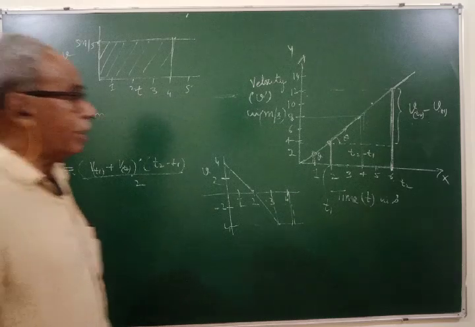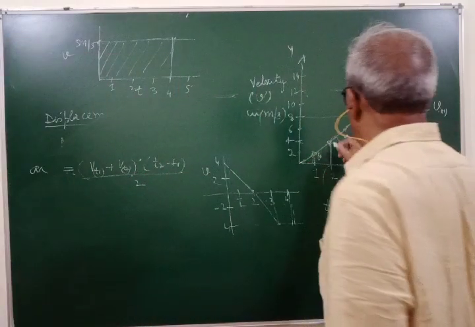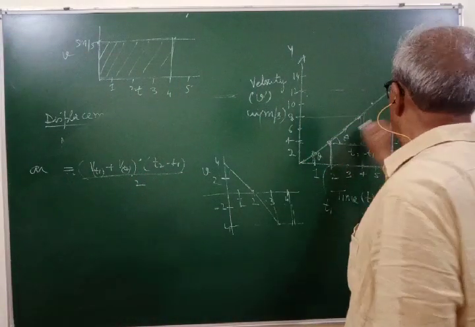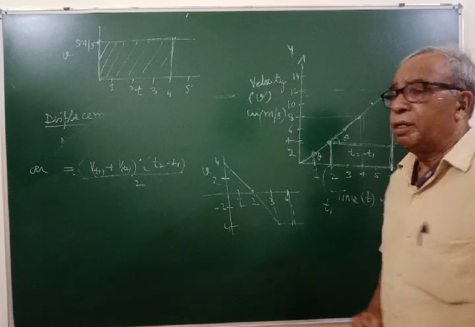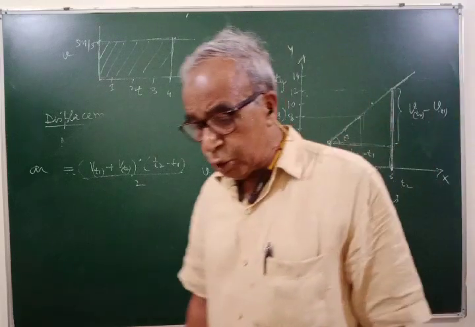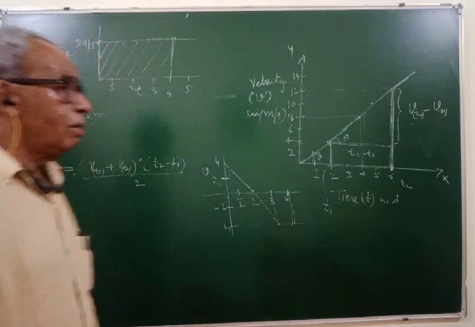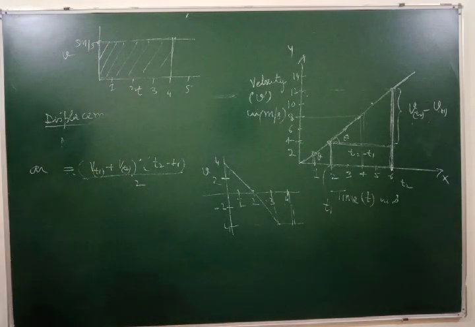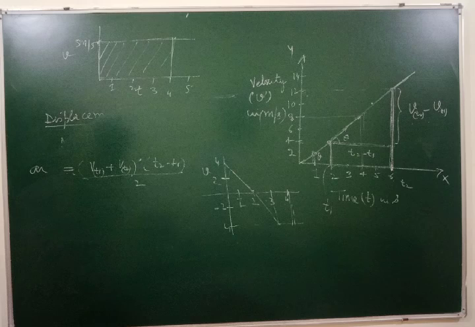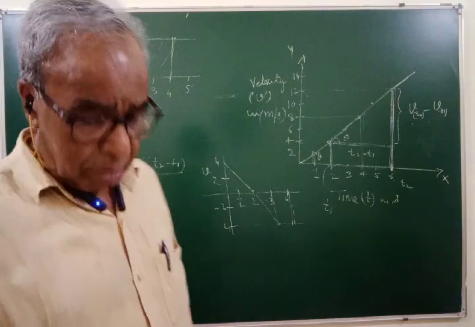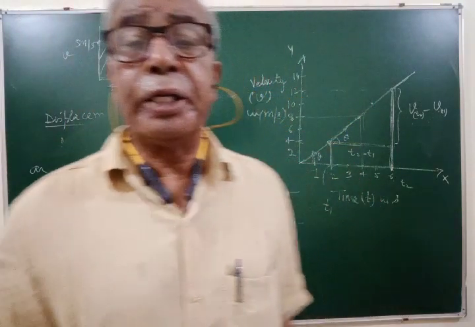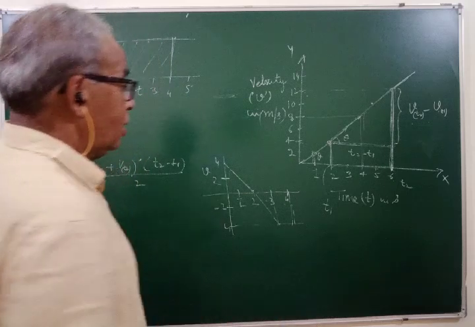This is one method. Second, this area is sum of area of rectangle plus area of triangle. Area of triangle, you know, half base into height. I understand people, children forget formulas, but if you remain alert and attentive, then you can tell.